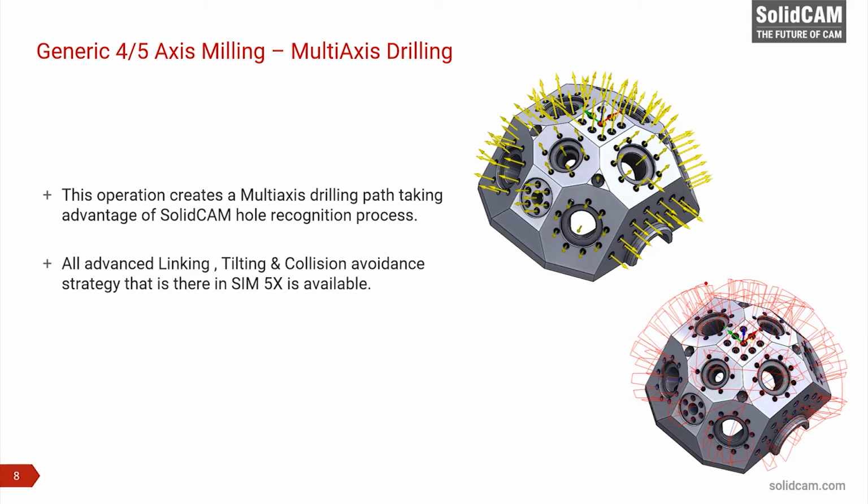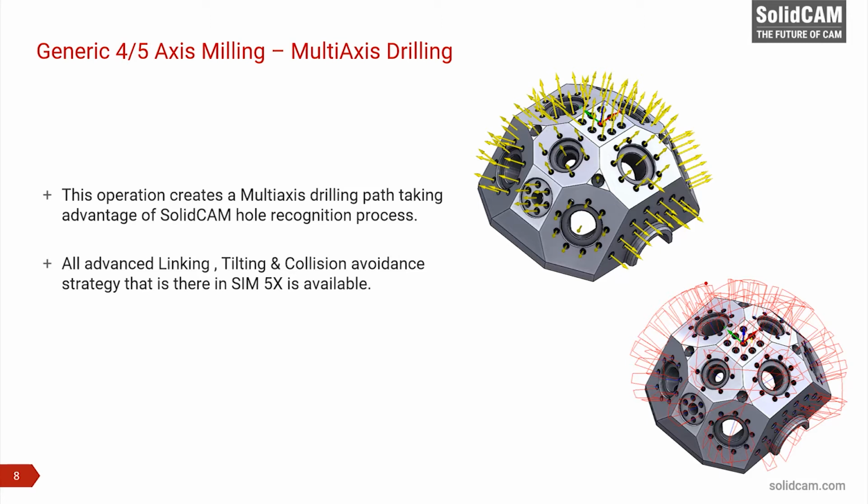All the advanced linking that is there in our generic 5-axis, including the tilting and collision avoidance strategy that are there in the simultaneous 5-axis machining of SolidCAM, is available to us in multi-axis drilling.